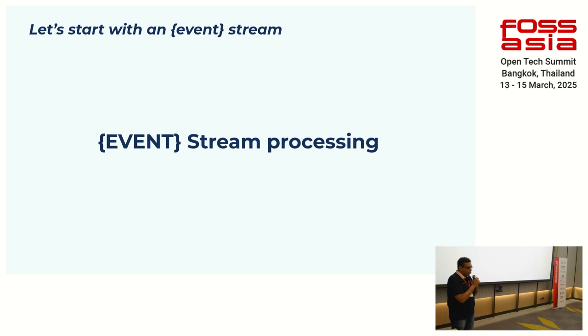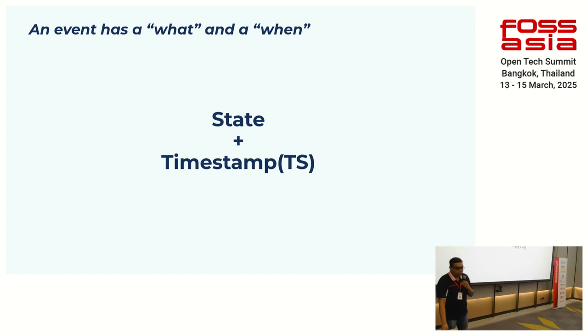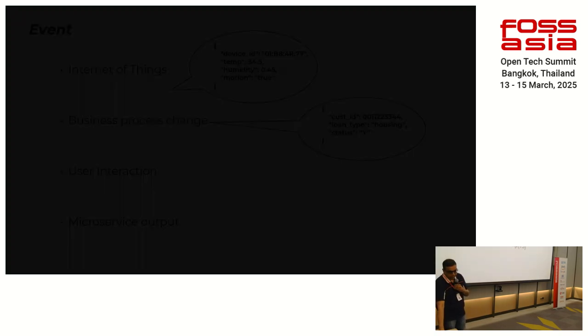Now, a quick refresher on the basics of what a stream consists of. It consists of events. When we talk about streaming data, we actually talk about event streaming data. What is an event? An event has a what and a when, a state and a timestamp, so that you understand what's happening with the precise timestamp of when it did happen.